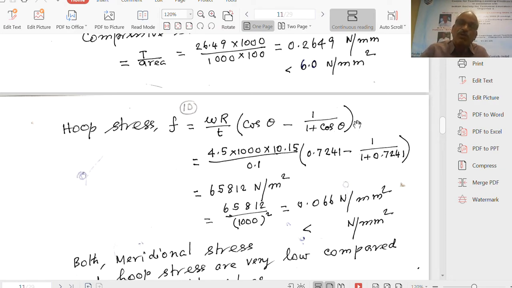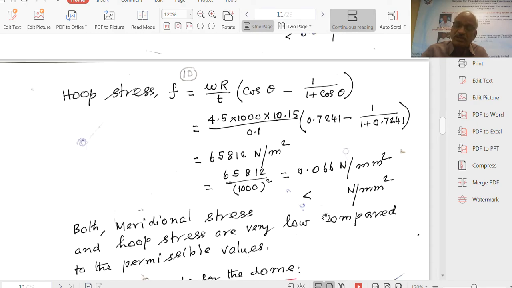Mostly in the case of overhead tanks that will also be accounted. The lantern load is a concentrated load on the top. So that is also missing here, so that when viewers refer to the book, you need not get confused. So this divided by 1000 square will be so many Newton per millimeter square.